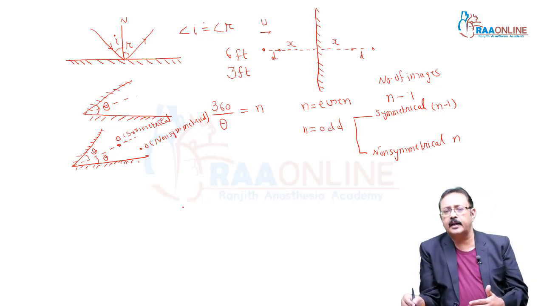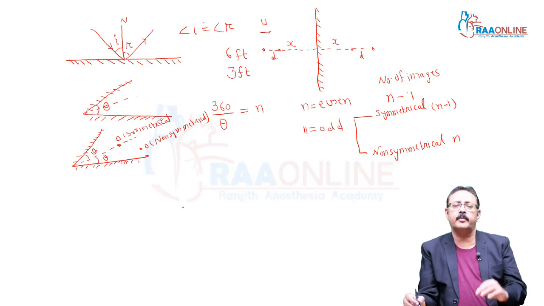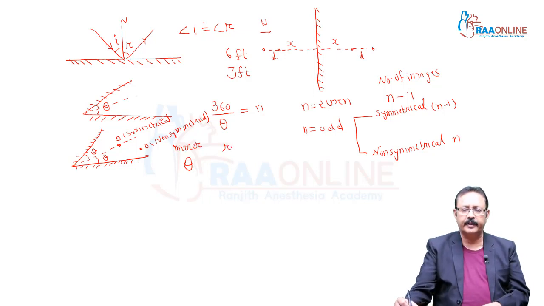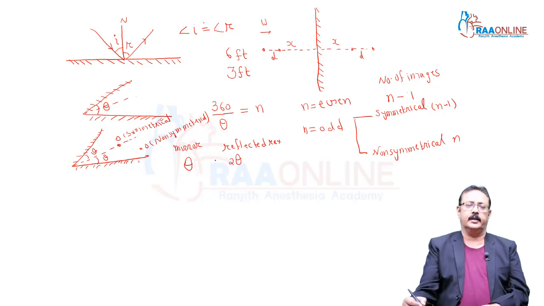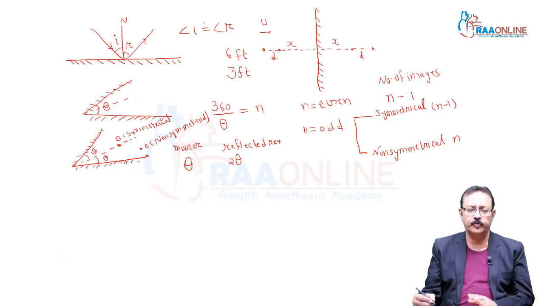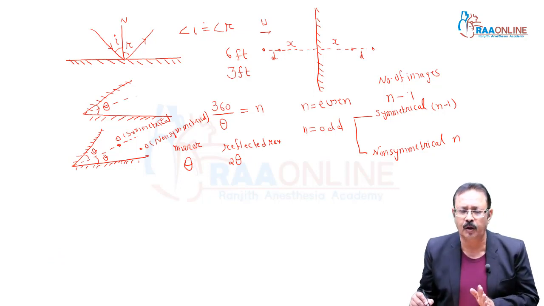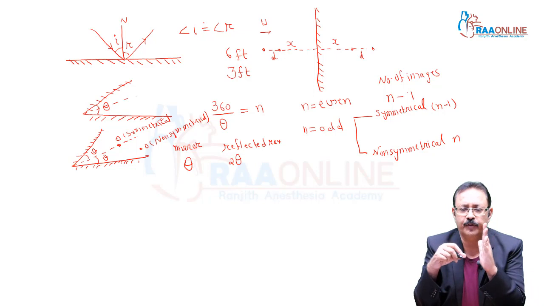Third concept they can ask: if the mirror is rotated through an angle theta, the reflected ray will move through an angle 2 theta. So you only have to take care of these 3-4 things.